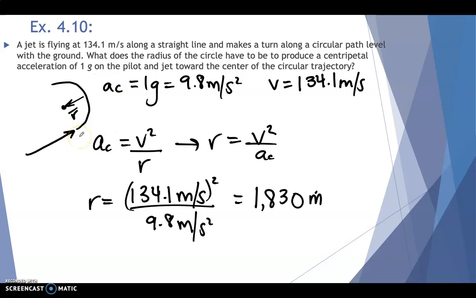Think about when you're driving, you have to slow down to make a turn, right? Turn right, turn left. You have to slow down quite a bit. So for them to be able to keep that same velocity and turn on this circular path, that'll have to be a pretty big radius. Okay, so this makes sense.